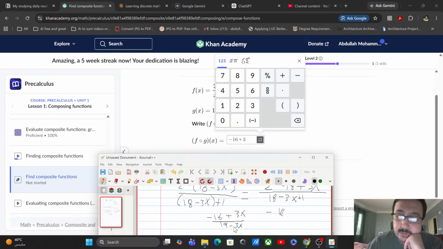If this was plus 3x, this would go with this, but since it's minus 1, it's going to be minus 16 over 19 minus 1. Could this even go further?